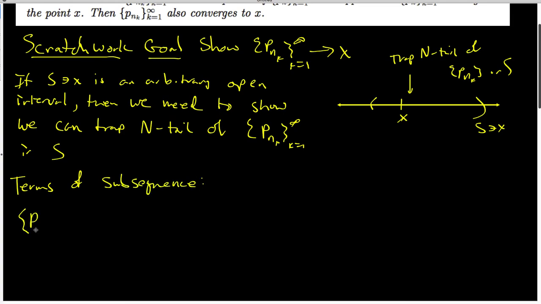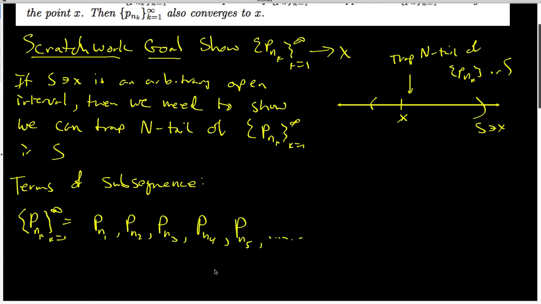The subsequence in this notation, what this means is that we've got p sub n1, p sub n2, p sub n3, p sub n4, p sub n5, and this continues on and on forever. And I know that these p's appear in the same order that they appear in the original sequence.